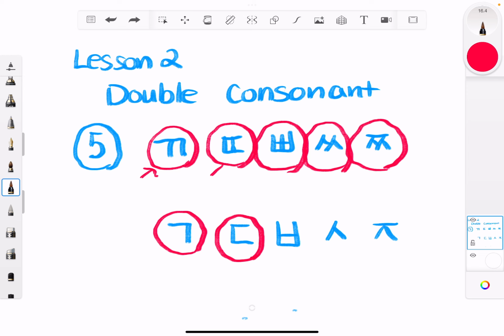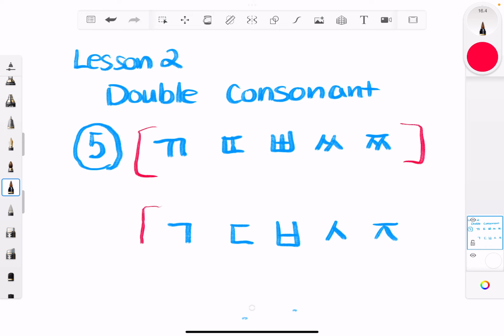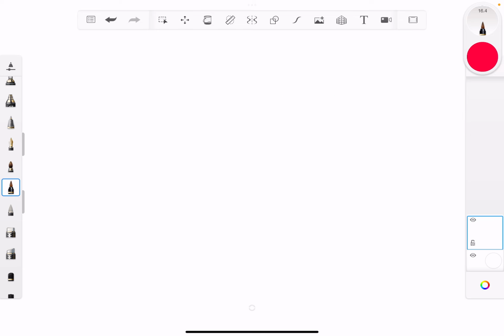I'm gonna go back and explain this. So I discussed the difference between the double consonants and the single consonants in the previous lesson, but my explanation kind of got lost, so I will explain it again. So double consonants, let me create a chart here. I'm gonna write them again.